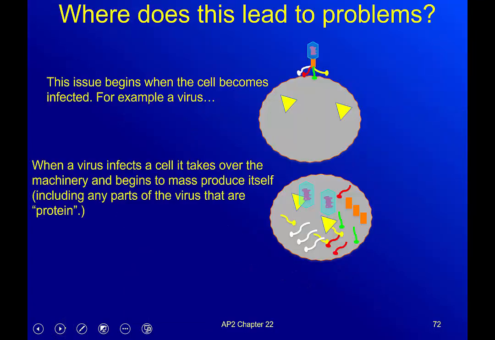Now, when does the issue start? Let's say that I get infected with a virus, and the virus takes over the machinery of my cell to start mass producing copies of itself. Now, I've got all of these pieces that are not normal proteins anymore. Now remember, MHC1 just picks up a protein out of the cell and goes, here, look what I found. It doesn't pick up only self proteins.